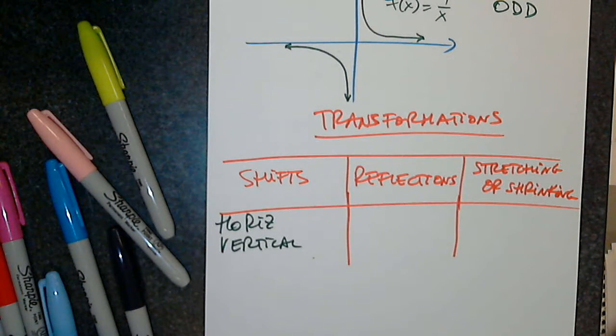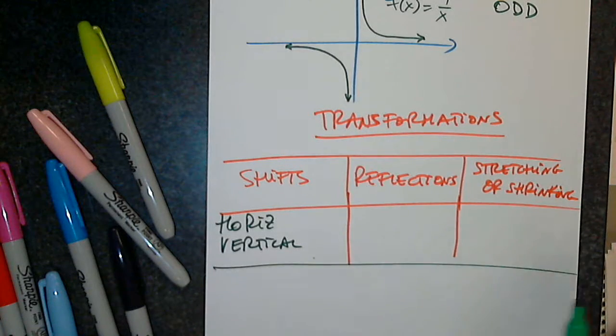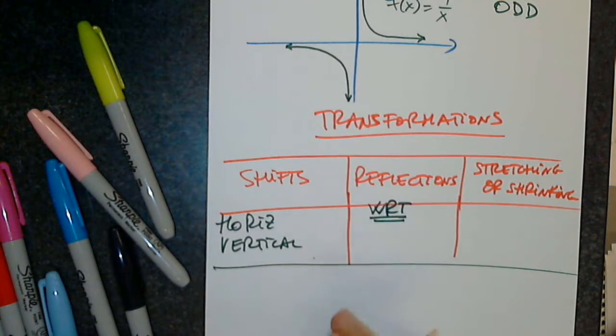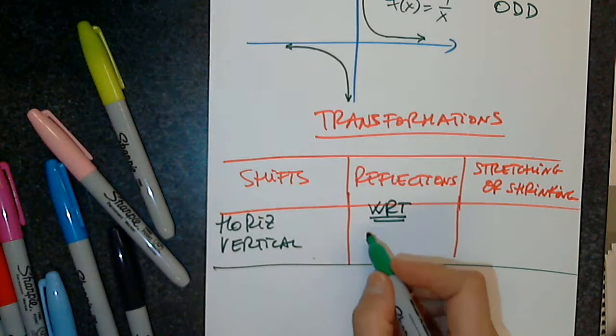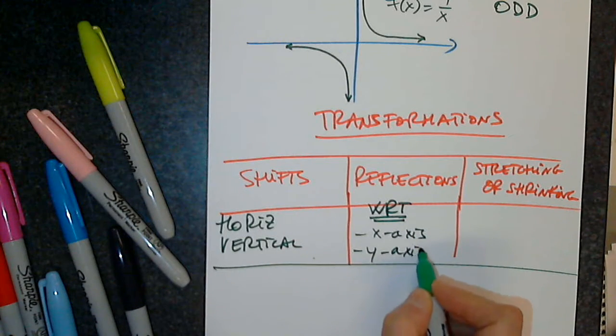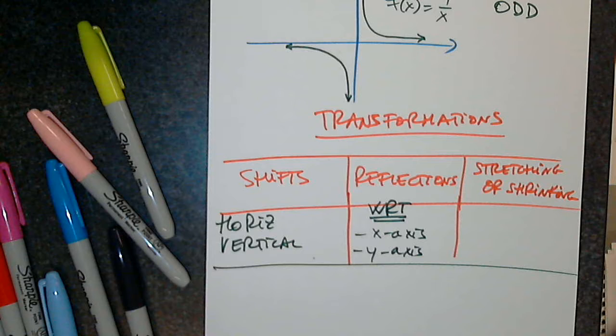Reflections are of 2 types, with respect to the x-axis and the y-axis. I'm not talking about symmetry here, and we don't have symmetry with respect to the x-axis.